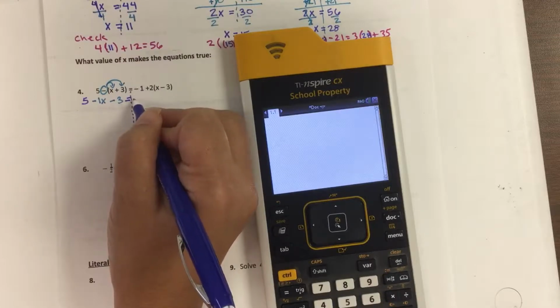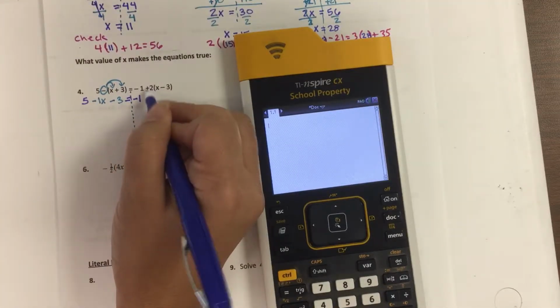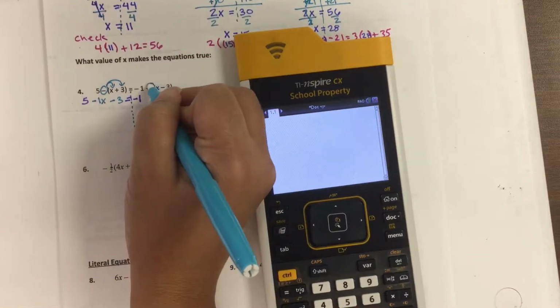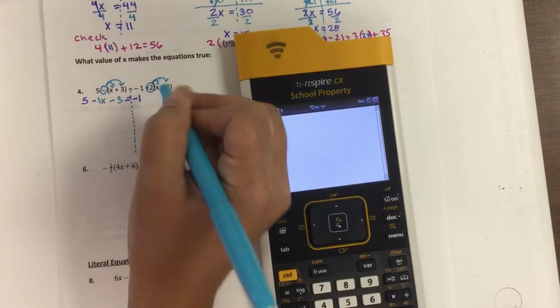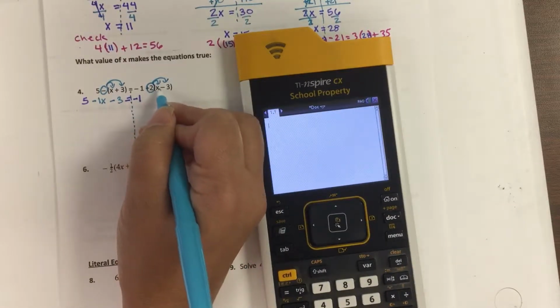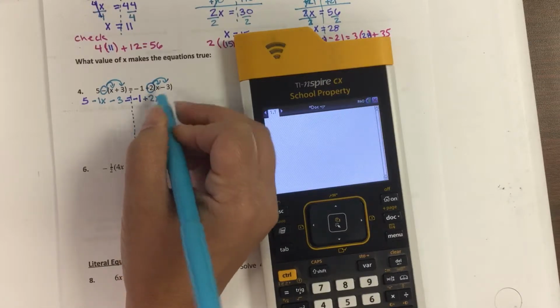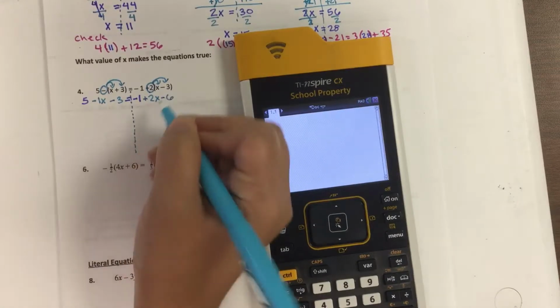This negative 1, there's nothing, we're just adding right next to it, so I'm going to bring that down. This 2, because it's directly in front of that parenthesis, this positive 2 is going to be multiplied to everything inside. So this would be 2 times x, which gives us a positive 2x. So I went ahead and put my plus sign. And then 2 times negative 3 is negative 6.